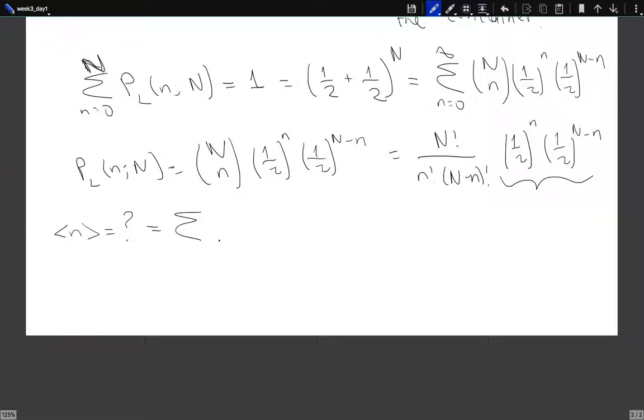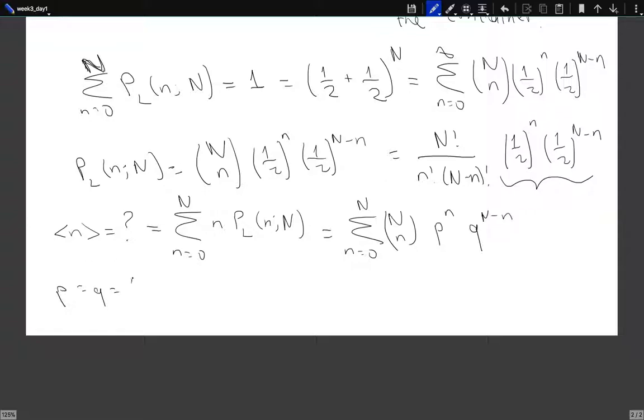Well, this will be basically the sum of n times P_L(n), with small n from 0 up to large N. This is how we define the probabilities. This will be equal to the sum from n = 0 to capital N of the combinatoric factor, and let me just put p^n and q^(N-n) there.